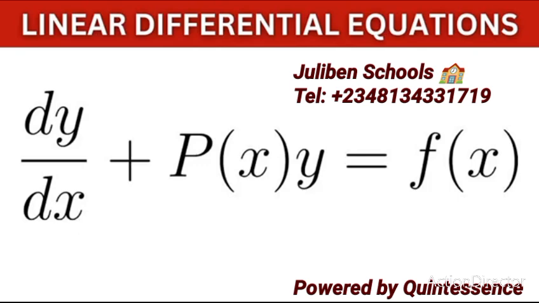But in most cases, once you get to step 3, just assume the whole write-up you have there as dz/dx, and assume your y raised to whatever power is there as z, and then just move on. It automatically becomes linear. Once it takes the form of linearity, pick your p of x, pick your q of x, and find your integrating factor.